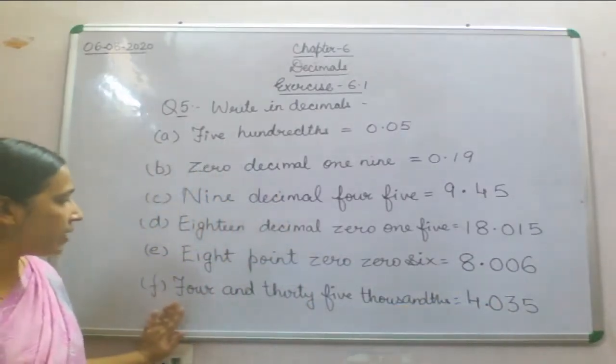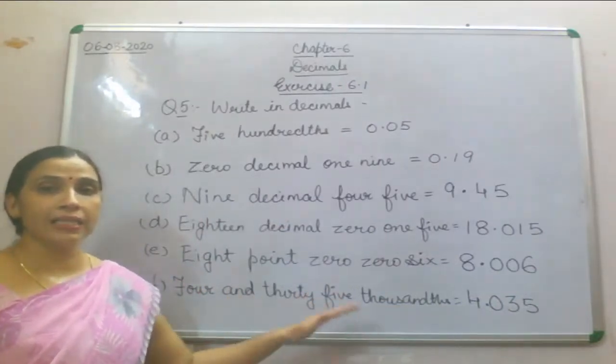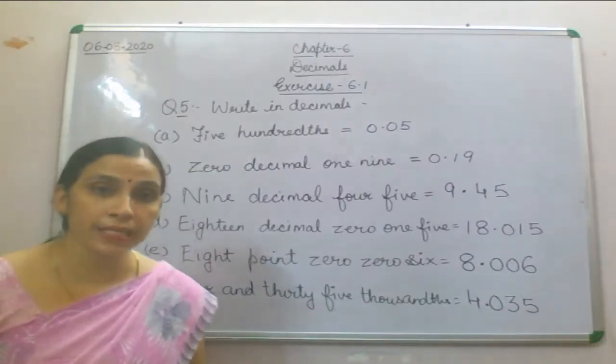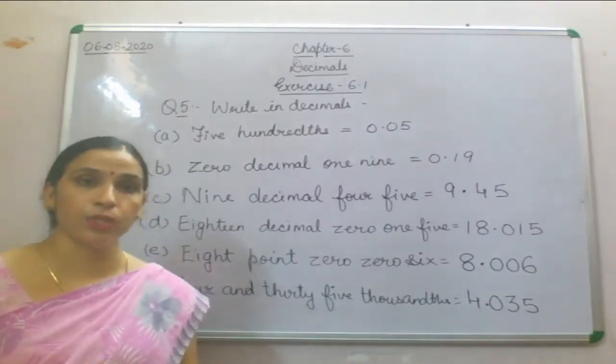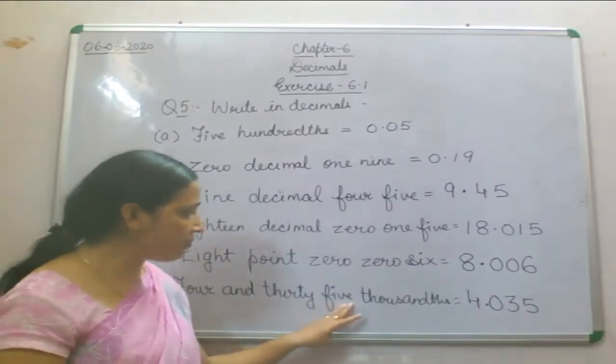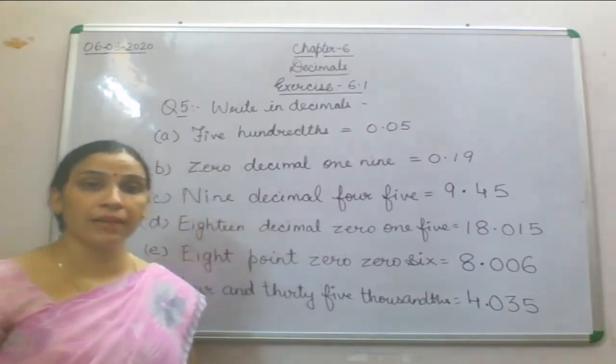Now F part is a little bit tricky because it is given 4 and 35 thousandths. How many places do you require in thousandths? You require 3 places, but here you have been given 35. So what will come on the third place? That is your tens place.